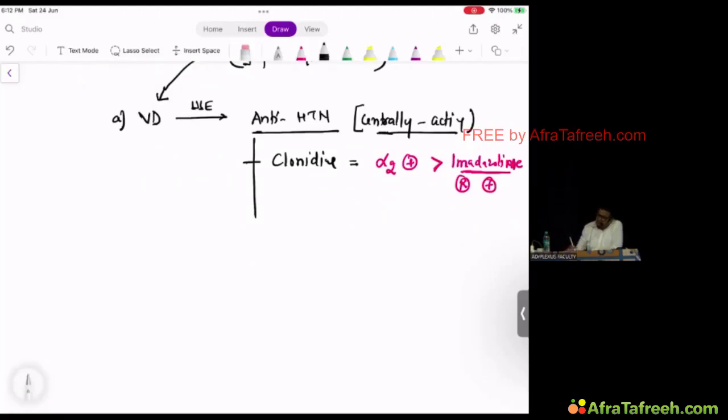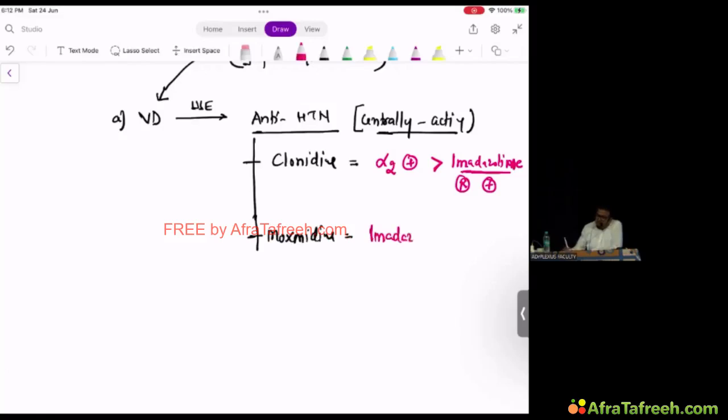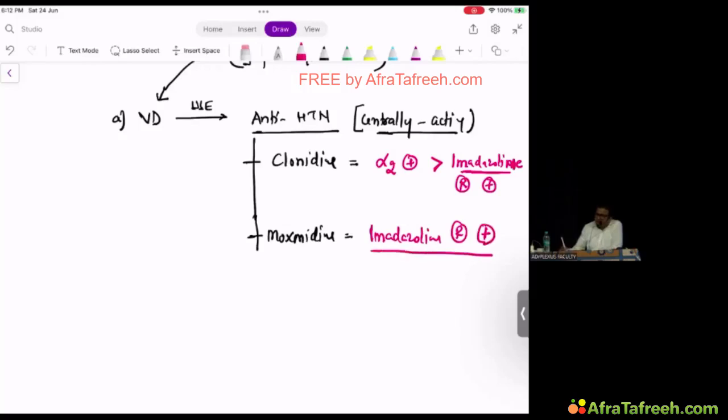Why is this important? Because you will come across a drug called moxonidine. Moxonidine acts only on imidazoline receptor. Again, this is a centrally acting antihypertensive.